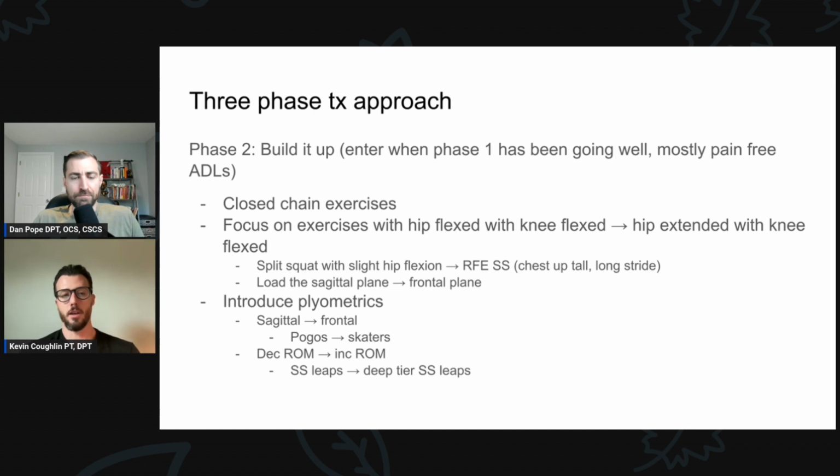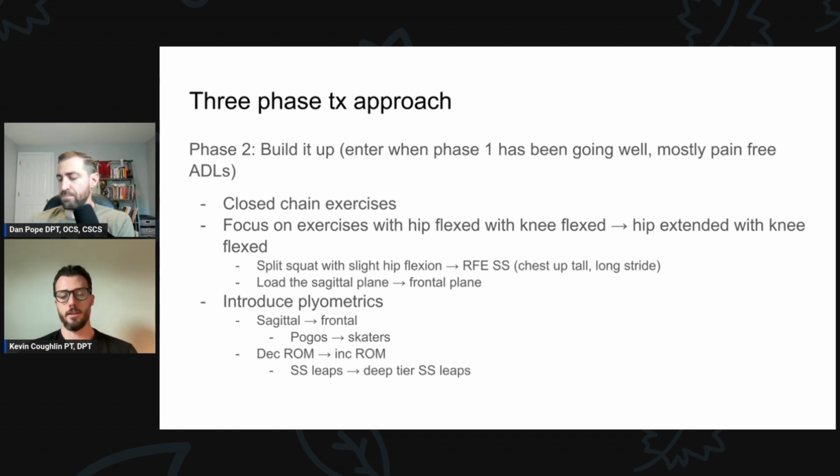They have a small step width, so they're not in a ton of hip extension in the back leg. And then progressing that to a rear foot elevated split squat where we're increasing loads through the IT band. We'll probably begin by loading the sagittal plane before loading the frontal plane, where we'll see a little bit more varus stress on the knee.